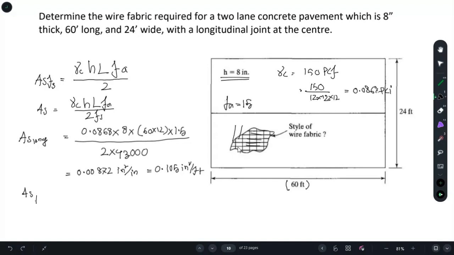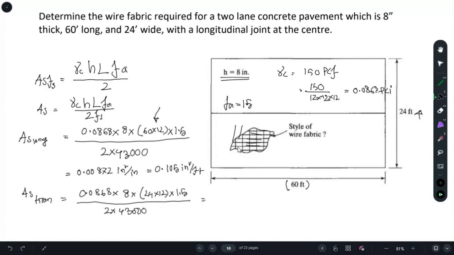So I want to find out the reinforcement for the transverse direction. For that, I will use the same formula, and the only different parameter is the length. In that case, the length would be 24, which is this length. Gamma C is 0.0868, and 8 is the same, which is the thickness of the slab, and it is 24 multiplied by 12 multiplied by 1.5 divided by 43000.